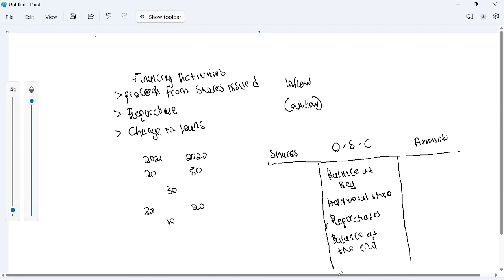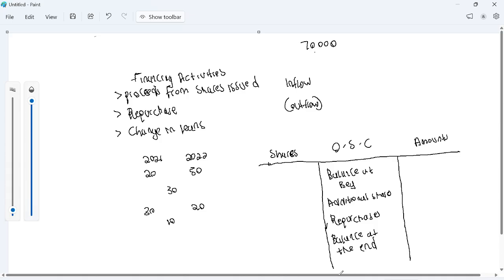Our shares at the beginning are the ones that are issued, right? And guys, don't make a mistake here: authorized shares are shares that are not issued. Let's say the company authorized 70,000 shares, meaning this is what the company can give in terms of shares for this financial period. It does not mean these 70,000 shares have been issued.